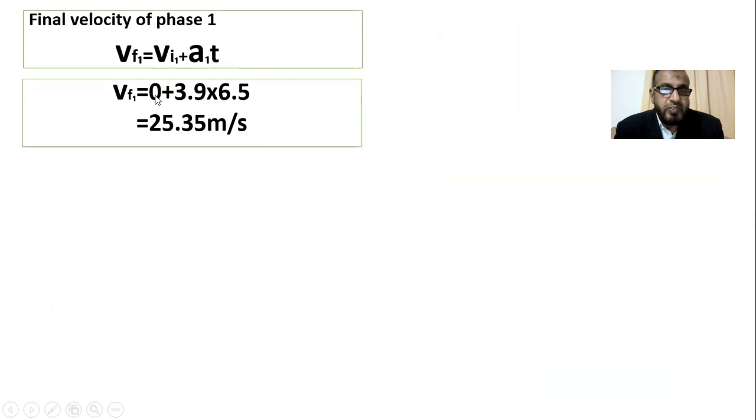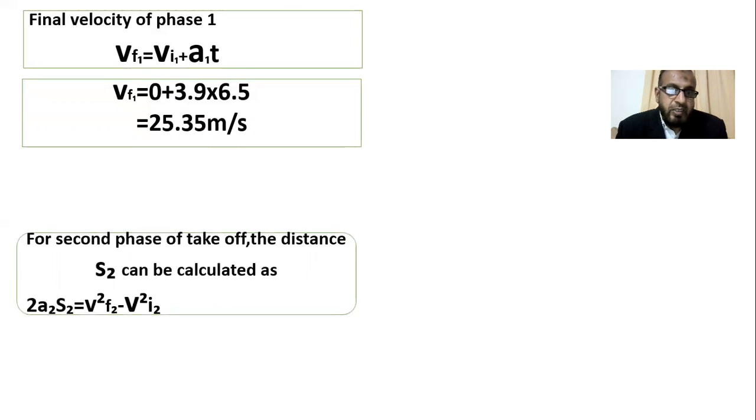Vi1 for the first phase is 0 because the aircraft was initially at rest, and then it starts moving with uniform acceleration, that is 3.9 meter per second square. Time for the first phase of motion is 6.5. Simplification will give us this result. This is the final velocity of the aircraft for the first phase.